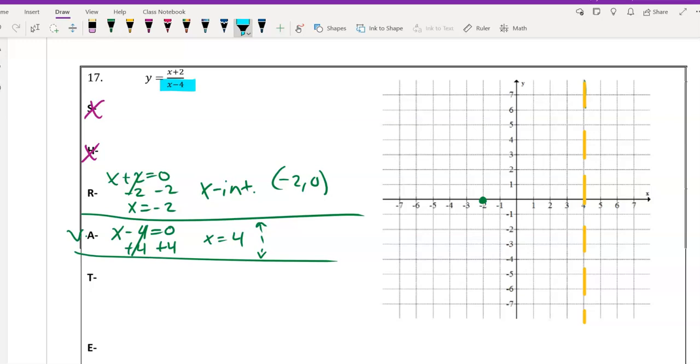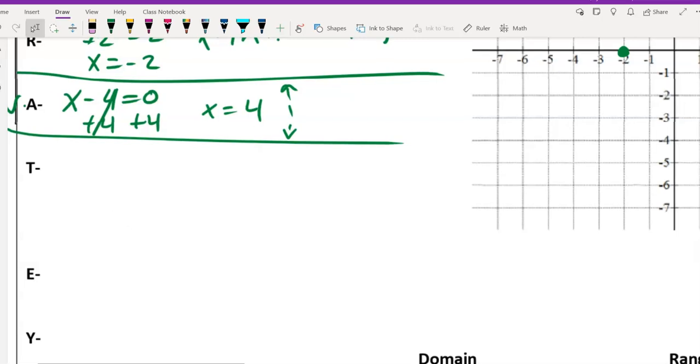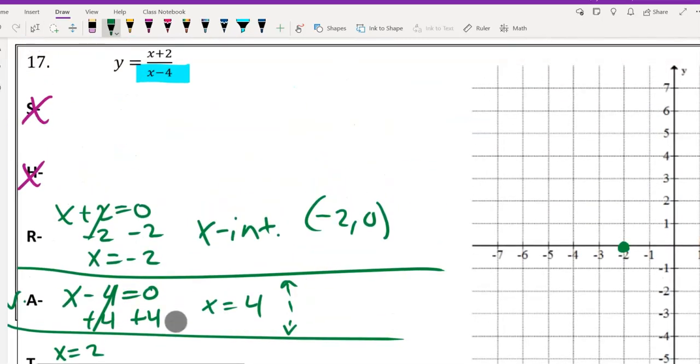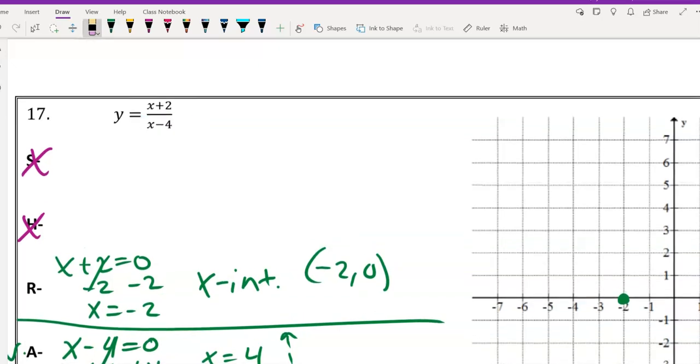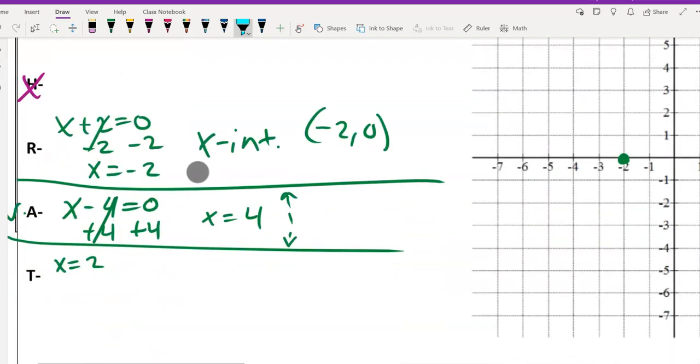We need to choose 2 test points to the left of the line and 2 test points to the right of the line. So starting with our first choice of 2, I'm going to zoom in here, we have x equals 2. We're taking 2 and we're plugging it into the entire equation. So we're going to have 2 plus 2 over 2 minus 4.